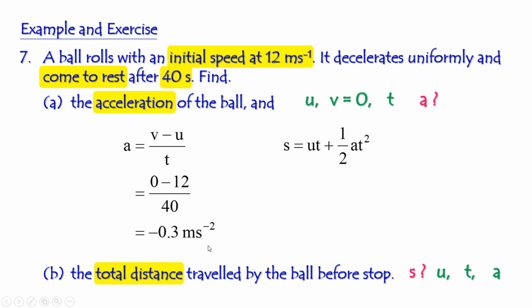So you use the third equation and put the numbers into it. U is 12 times the time taken 40, plus half times a, which is minus 0.3. Don't forget to write down the minus sign, okay? And the time taken is 40 squared. Then use a calculator to find this value.